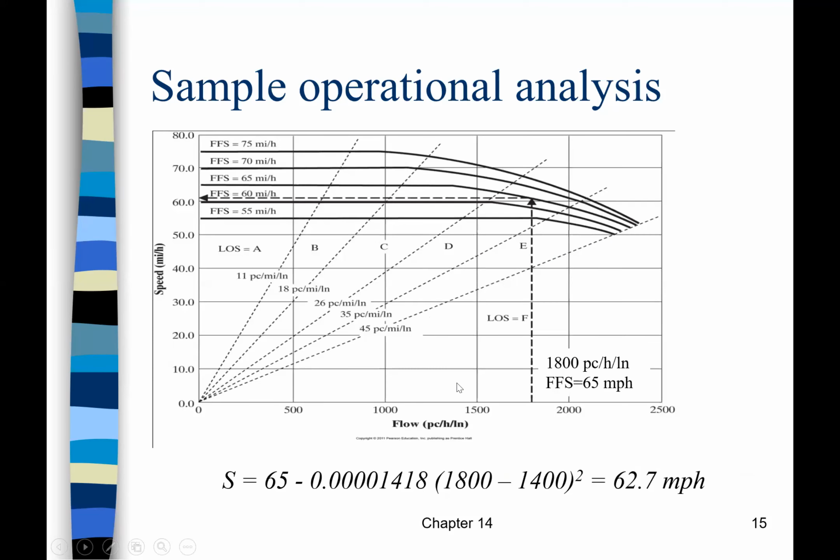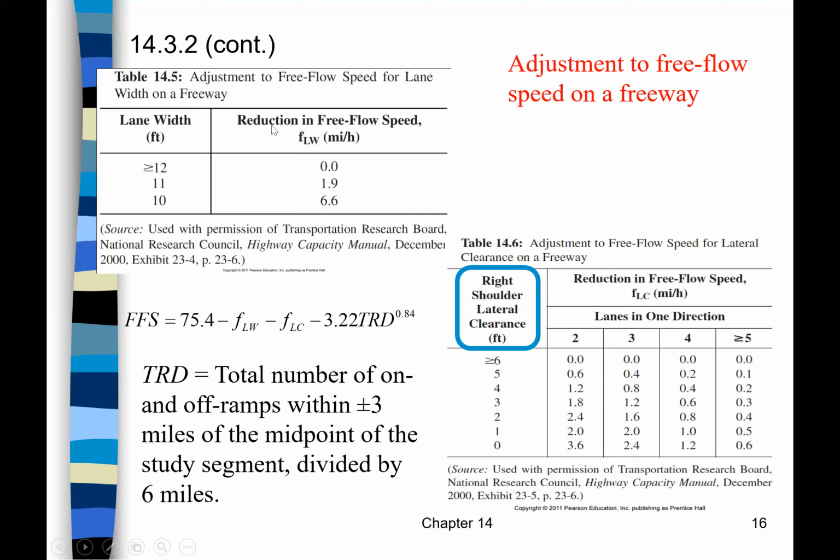Let's go back to table 14. Now we come back to the adjustment for free flow speed on a freeway.